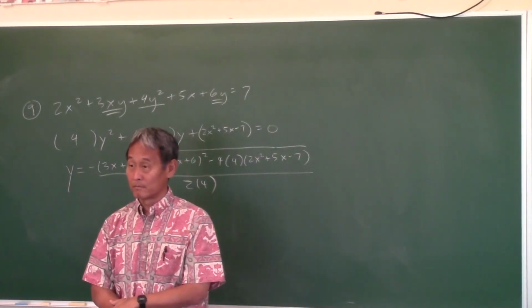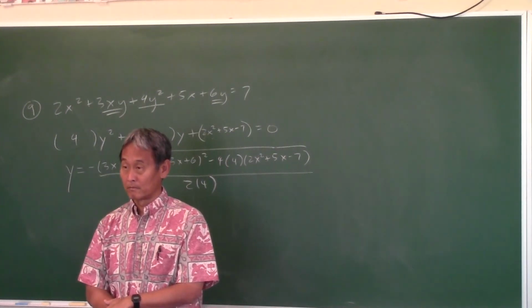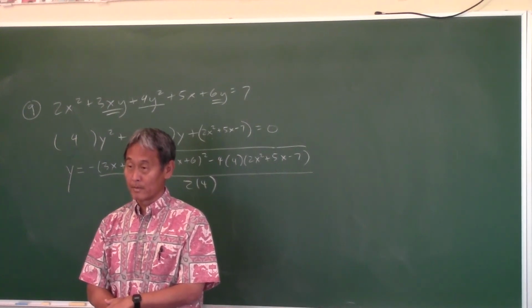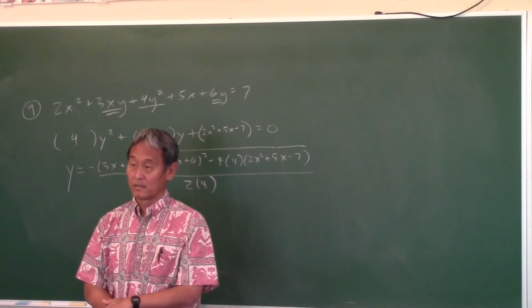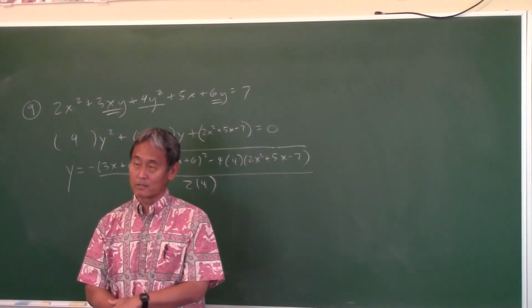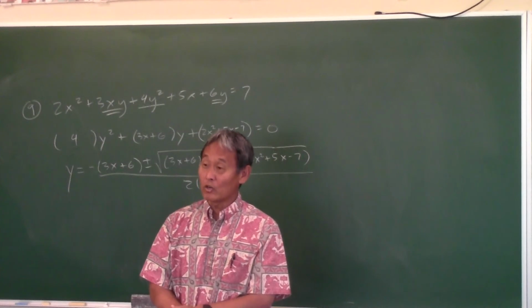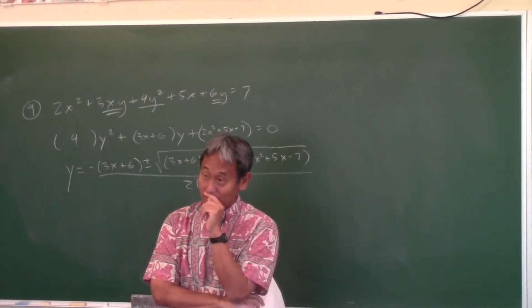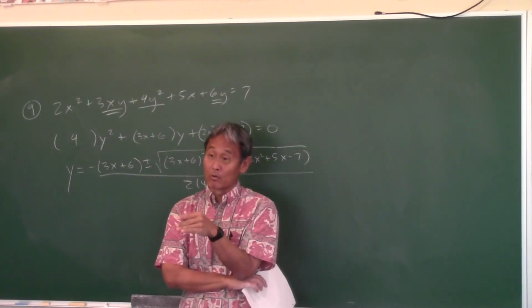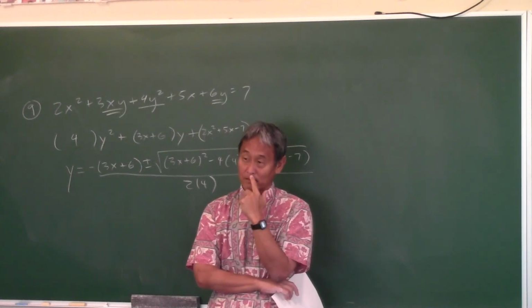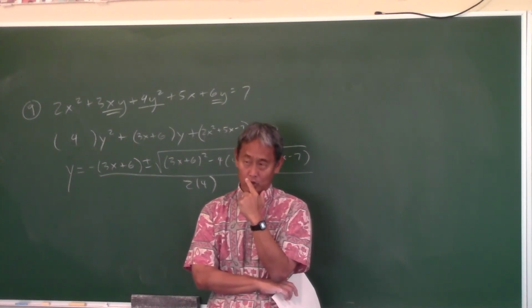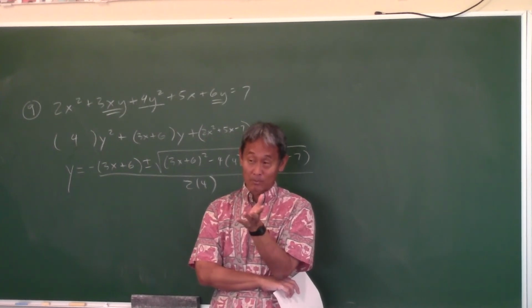How do you reset the window? Press the window button. What do you mean reset? Like reset it to how it's originally. Oh, zoom standard. But what's the real question? You don't have to reset it, you just set it yourself. Zoom standard will make it go from negative 10 to 10 on the x and negative 10 to 10 on the y. Or you want to do zoom decimal?